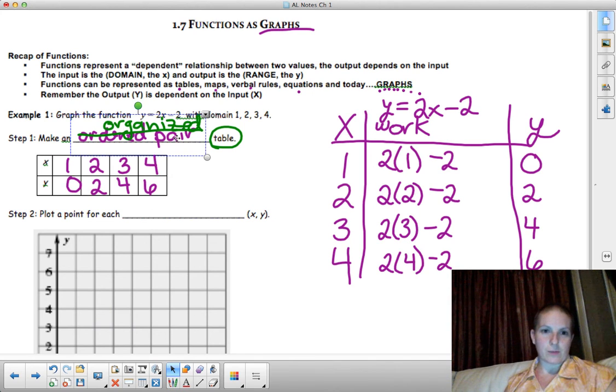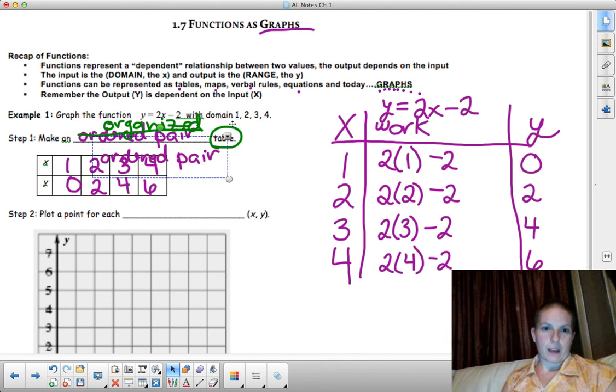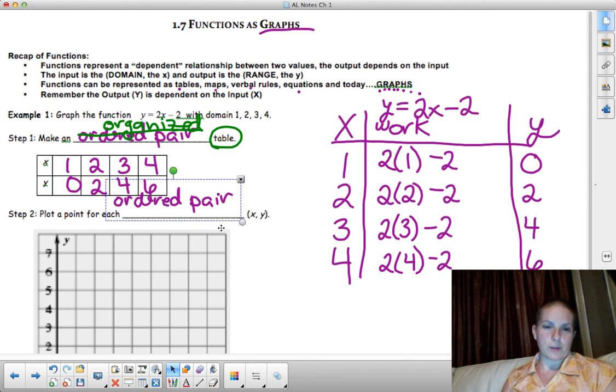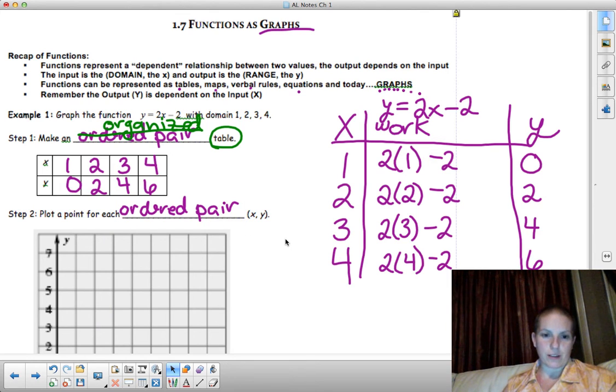So we want to take this word, ordered pair, that I used here in step 1, and it actually belongs here in step 2. So we're going to plot the point for each ordered pair. Remember that ordered pairs are given x, y.